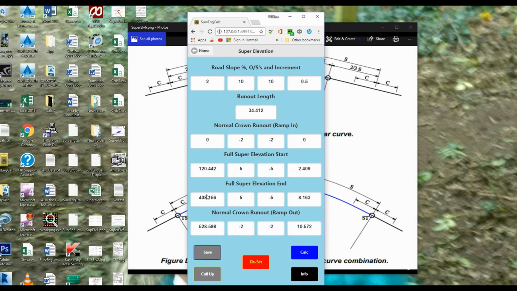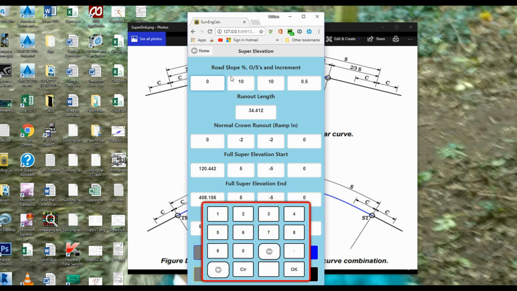And again, we can reset, call up. I can change that to 2, and now I'm going to give it a level. I'm going to clear that. I'm going to give it a level, say 5 meters. Okay. This time I'm going to do 10 there.